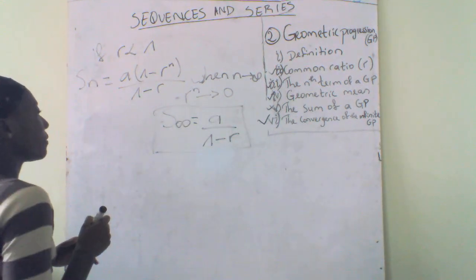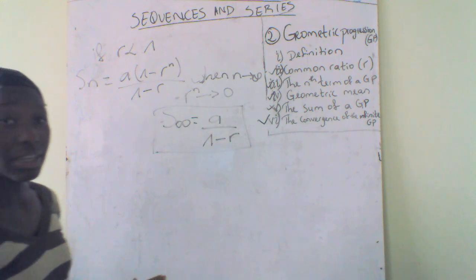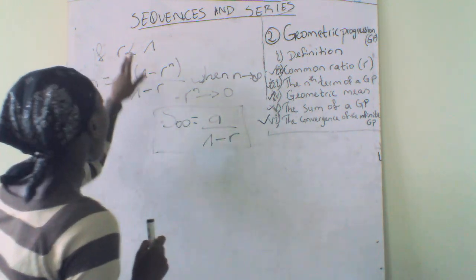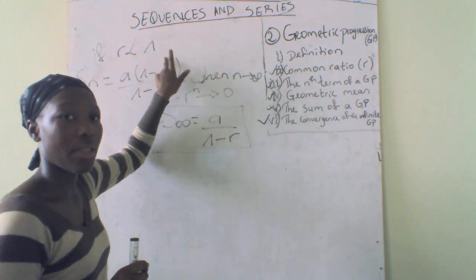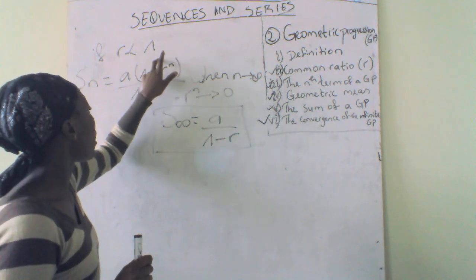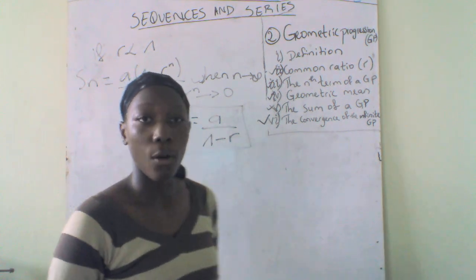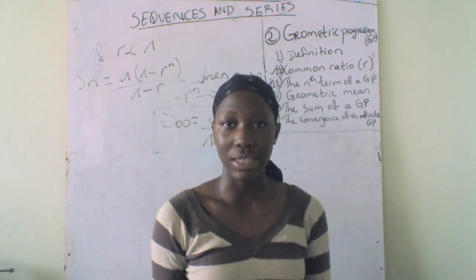This means that a GP can converge only if r is less than 1. If r is less than 1, then the sum to infinity exists, and therefore the GP converges.